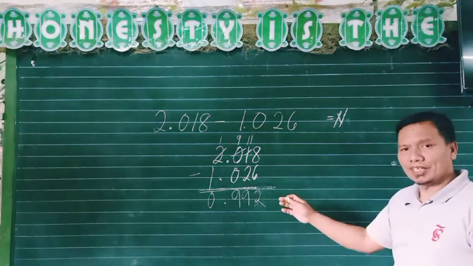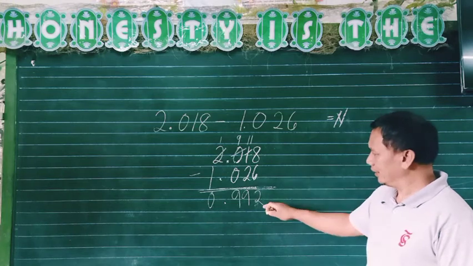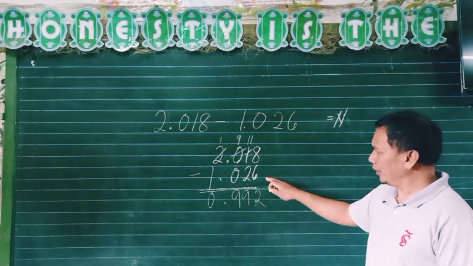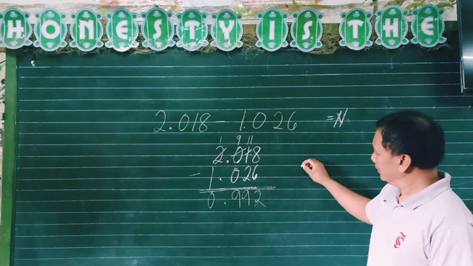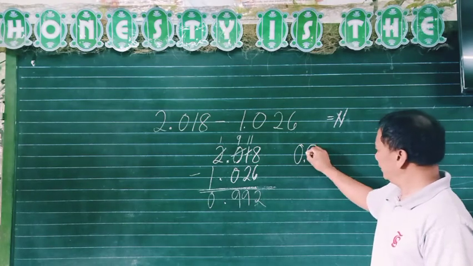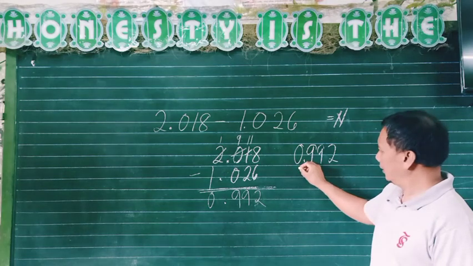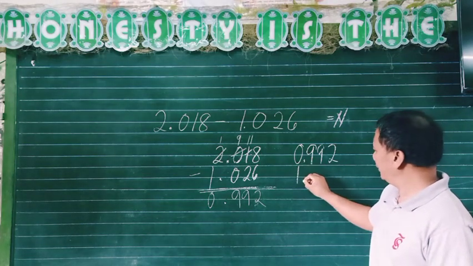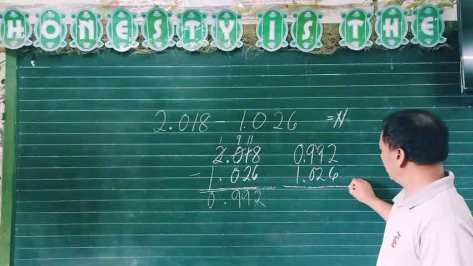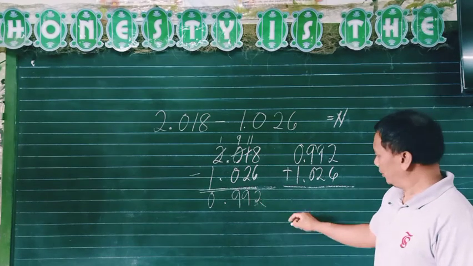thousandths. If you like to know if your answer is correct or not, you're going to add your difference and your subtrahend. So you write it there. Your difference is 992 thousandths, and then your subtrahend is 1 and 26 thousandths. You add this one for checking if your answer is correct or not.